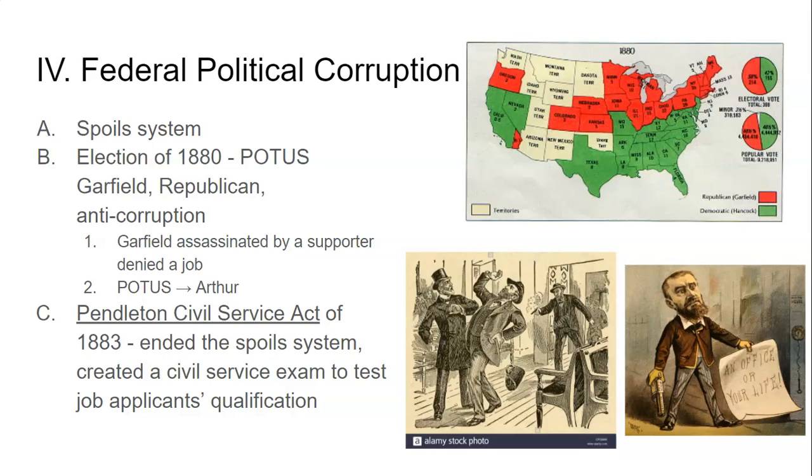So this is kind of today why you need a resume to apply for a job. Like you have to put down why you're qualified for jobs rather than just being hired based on who you know. That way, specifically in the government, it makes the government run more effectively and also tries to limit corruption and political power for personal gain.